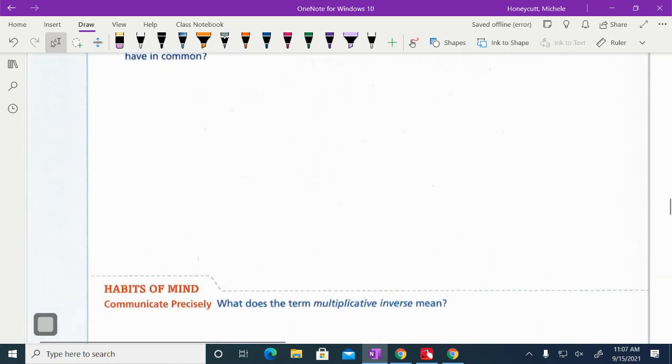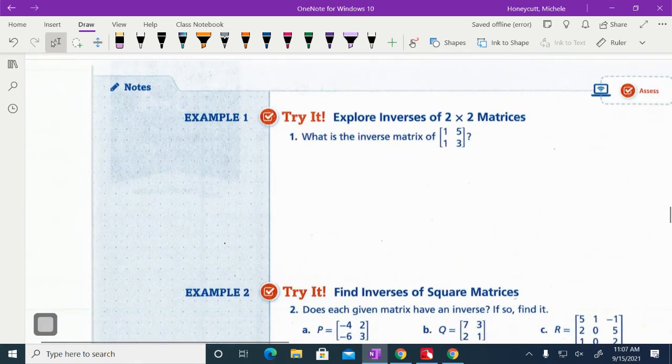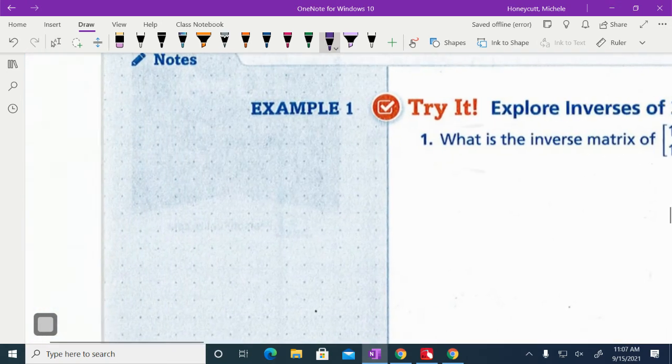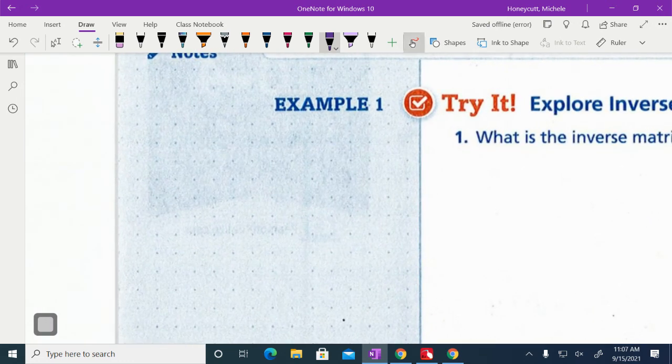All right, so on page 476, right beside example 1, it asks us to find the inverse of the matrix. What is an inverse? Let's define it.